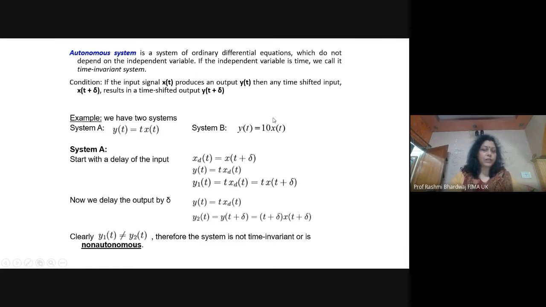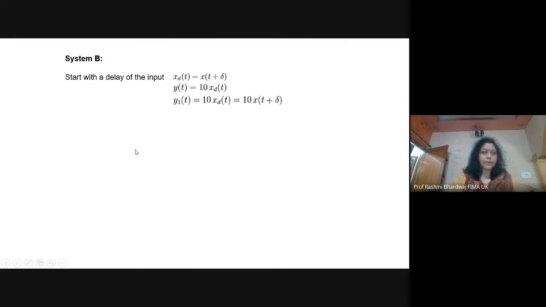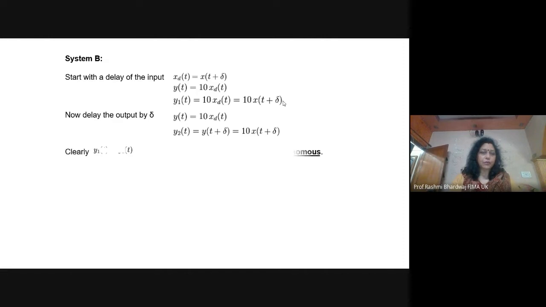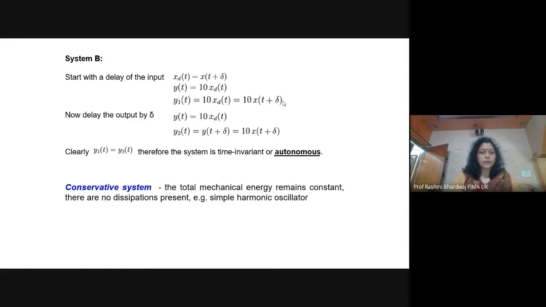So in both cases it is the same. That's why this system is a time invariant, autonomous system and the other system is time dependent. So here y1(t) as well as y2(t), you are getting the same, so you are getting this as an autonomous system.